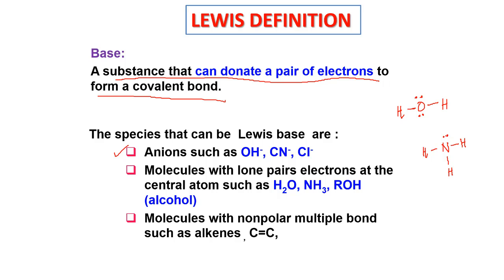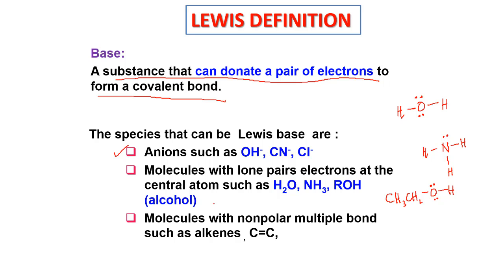Ada sepasang lone pair di situ. ROH adalah general formula bagi alkohol. Okay. Kalau contoh mudah saya bagi contoh etanol. CH3CH2OH. So, pada central atom oksigen ini dia ada lone pair juga. Jadi, lone pair itu boleh digunakan to be donated to other substance to form a covalent bond.